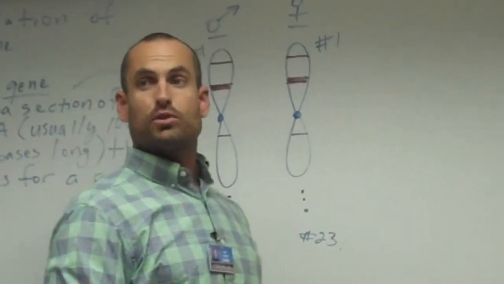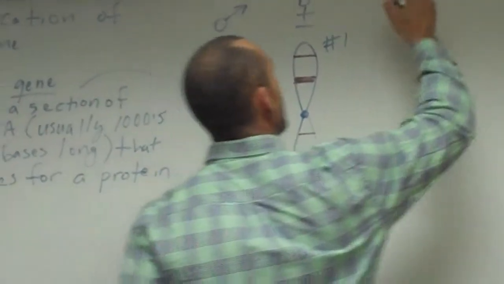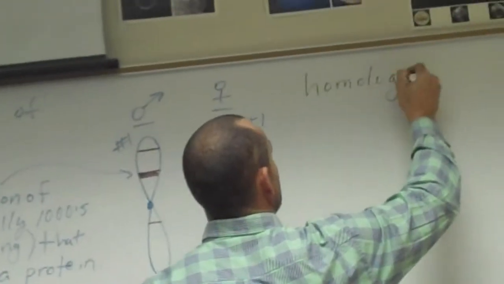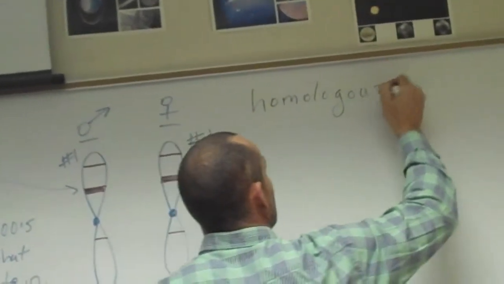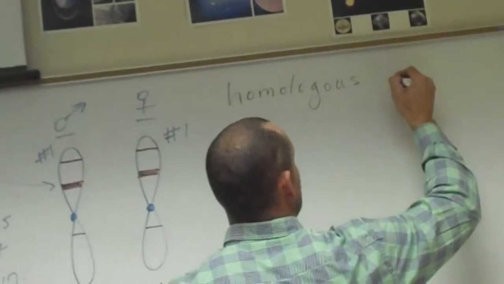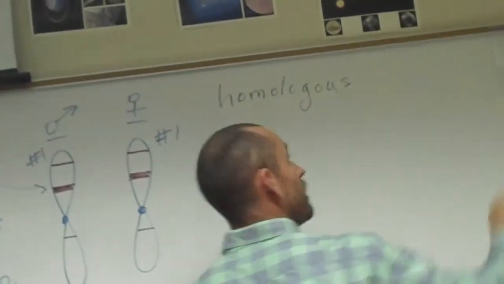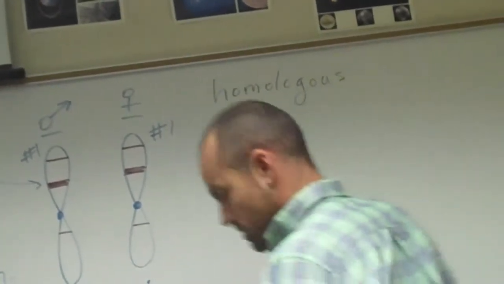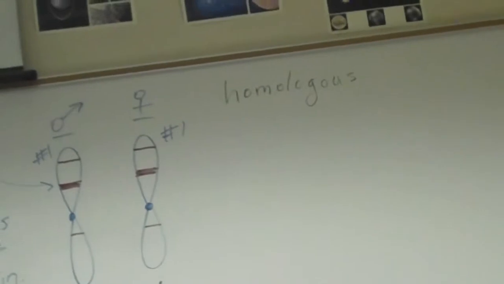Since both these chromosomes are the same, they call these homologous. And you guys already have this term. What does homologous mean? Yeah, it means same. So these are homologous chromosomes.